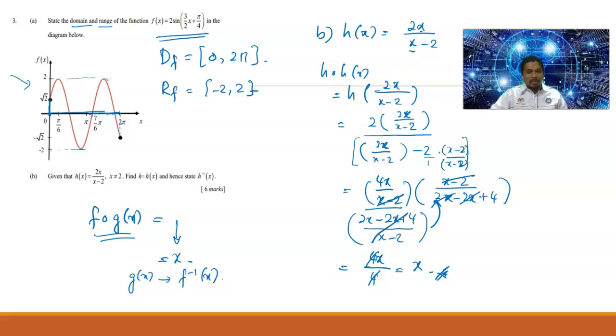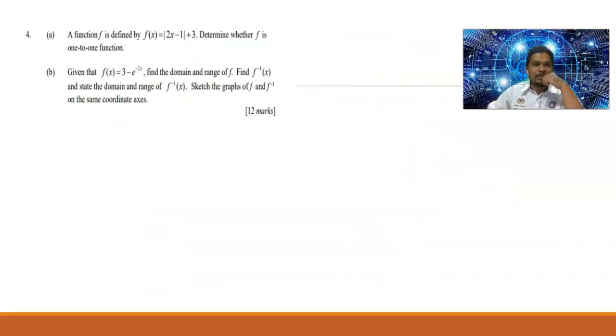So, according to this solution for question B, we can come to a conclusion that h inverse of x is the function of h itself, which is 2x divided by x minus 2. There you go. Okay. Next, a function defined by this one here, determine whether f is a one-to-one function.